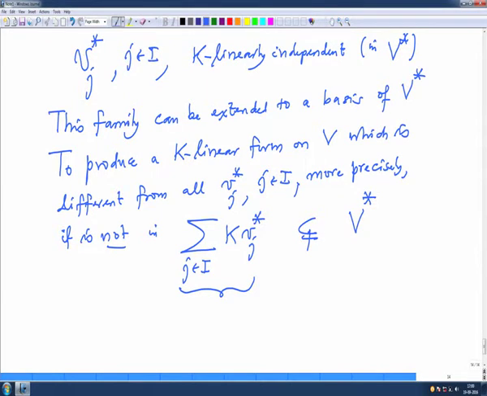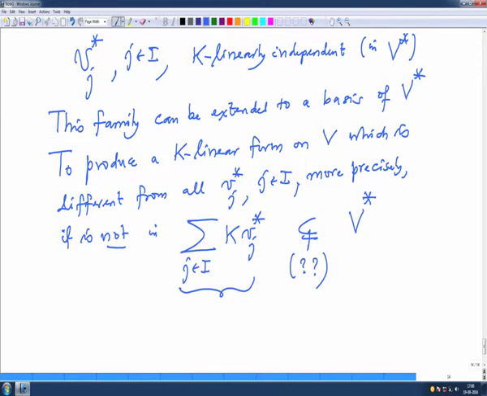We want to produce a linear form, that means an element here which is not here. This is what I want to check. This is what I mean by saying that in general, in the infinite dimensional case, or not finite dimensional case, V star is a bigger space.